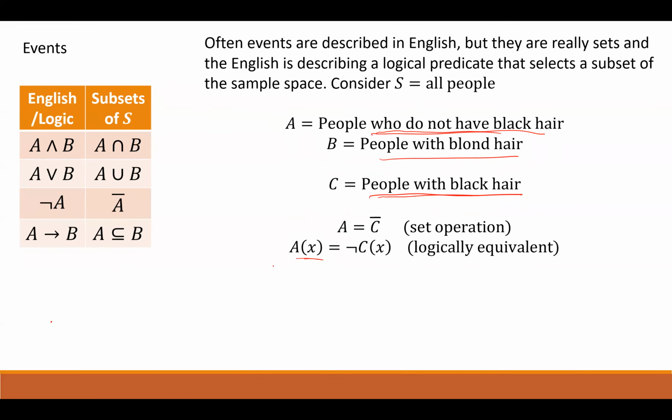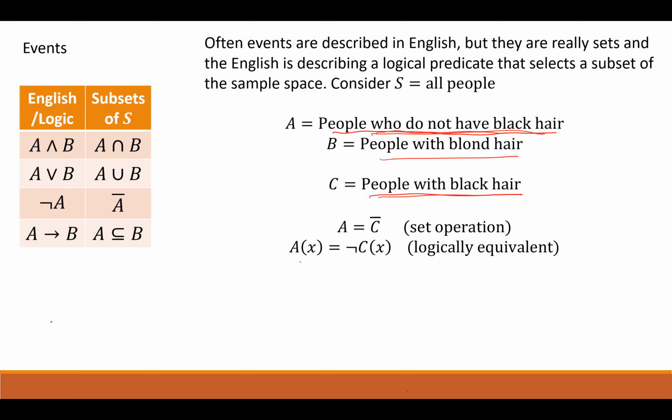So I can define these using set operations, or I can say that, again, this is from 1805, these are predicates, right? I take some element X from my universe, I plug it into this predicate, people who do not have black hair, and it returns true or false. If it returns true, then X would be in this set.